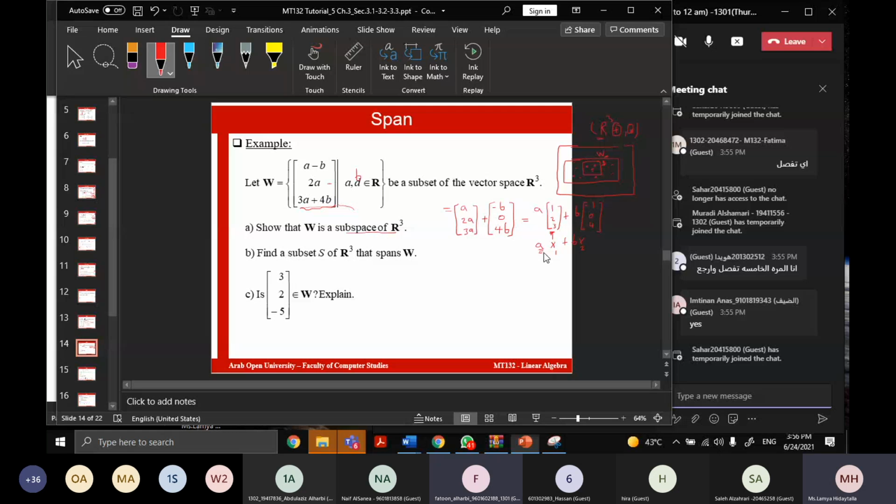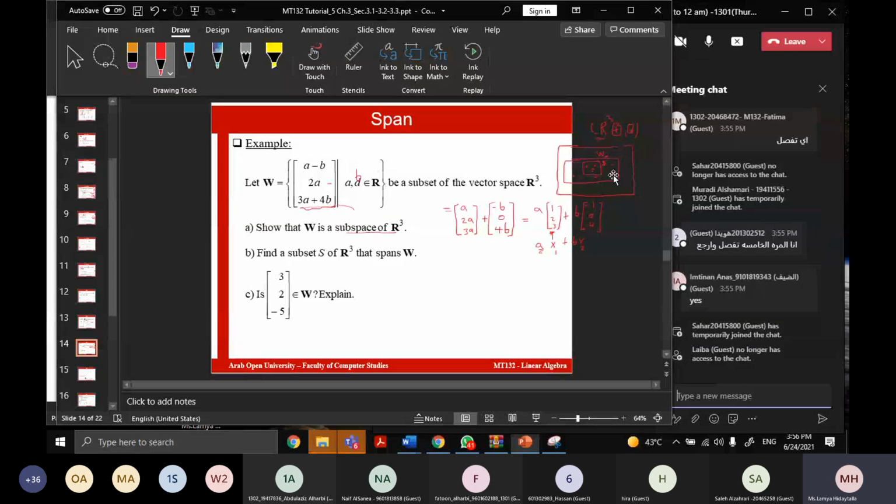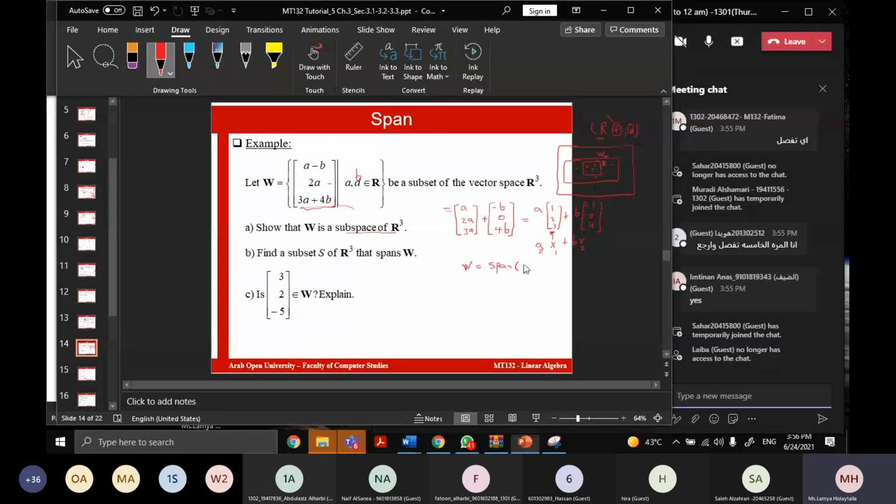This is in the form a x1 plus b x2, correct? So it's clear: I generate this space using these two vectors by doing a linear combination. So it is a subspace. W, my space, is spanned or generated by a certain set of elements, span S. What is the set that generated W?